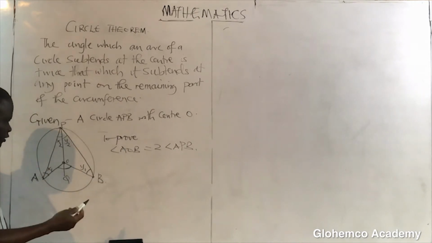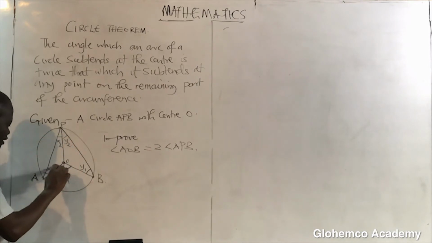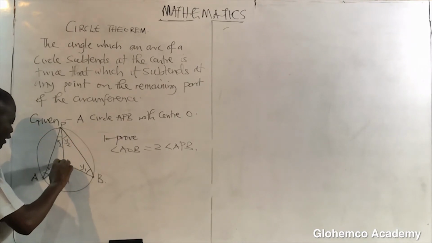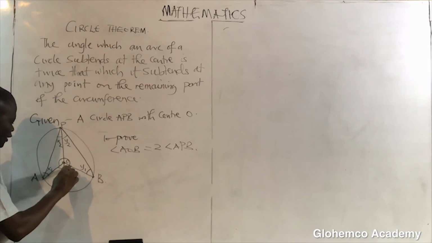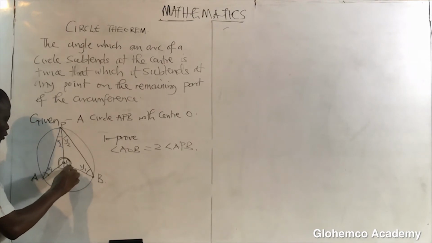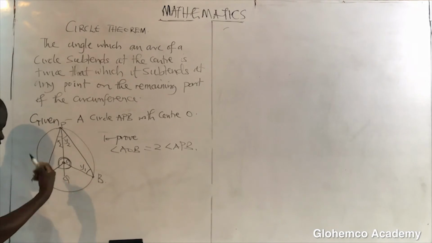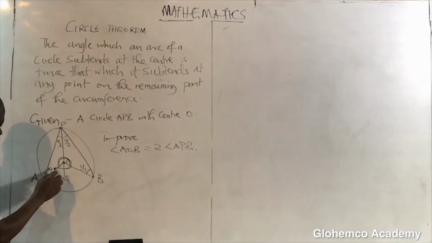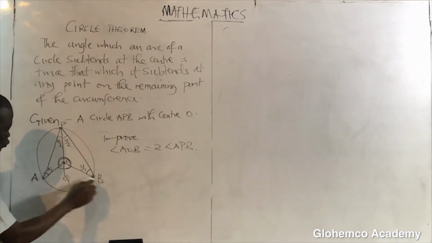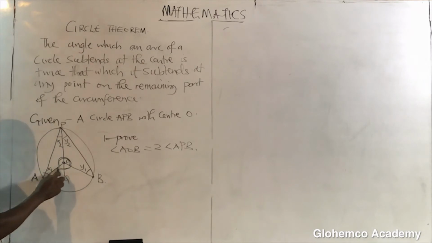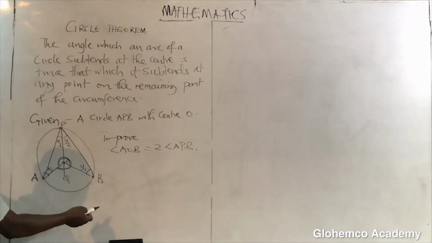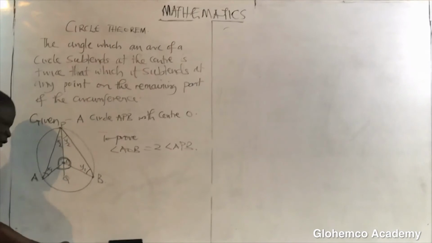When you talk of the reflex of angle AOB, it is this angle. When you move from here to this place, this is the reflex. The real angle is angle AOB, but the reflex of it is the other one. What do I mean by reflex?